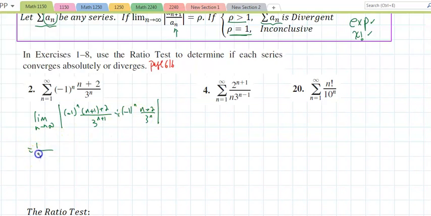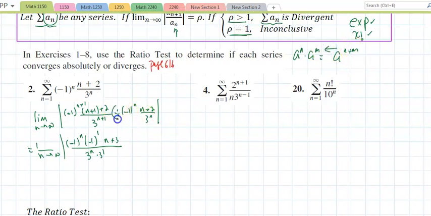That would be the limit as n approaches infinity. Negative 1 to the n times negative 1 to the 1, n plus 3, divided by, that's 3 to the n times 3 to the 1. Keep in mind, a to the n times a to the m is a to the n plus m, and we're going backwards. Instead of dividing, I can multiply by the reciprocal.